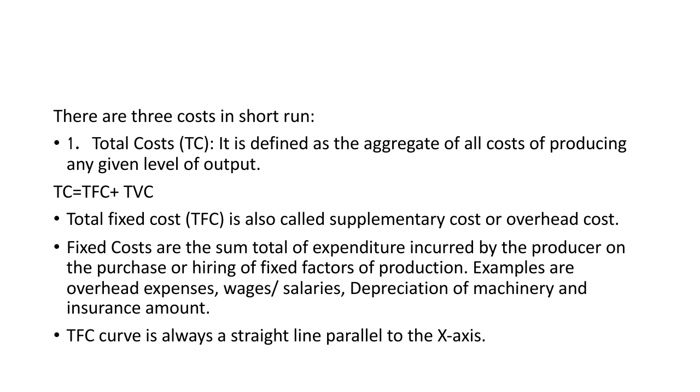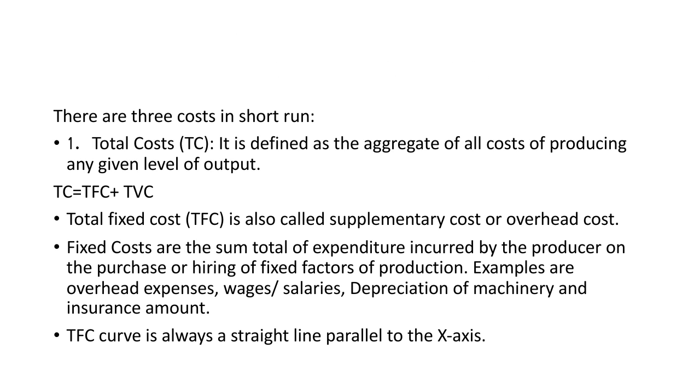These costs are the sum total of expenditure incurred by the producer on the purchase or hiring of fixed factors of production. Some examples are overhead expenses, wages or salaries, depreciation of machinery, and the insurance amount.